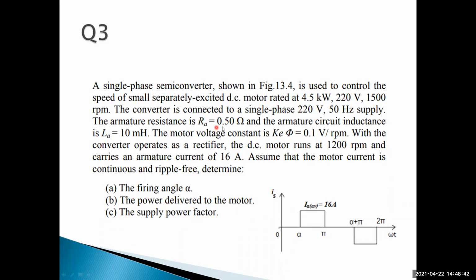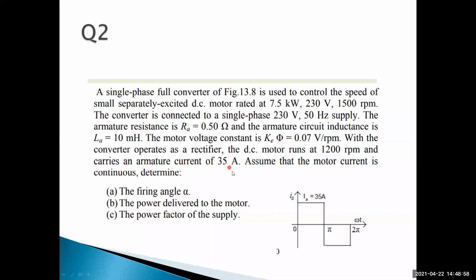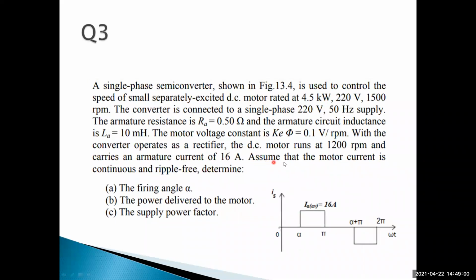RA is 0.5, LA is 10 millihenry, and the back EMF constant K phi is 0.1 volts per RPM. The converter operates as a rectifier, the DC motor runs at 1200 RPM and 16 amps. Before it was 35 amps, here 16 amps.